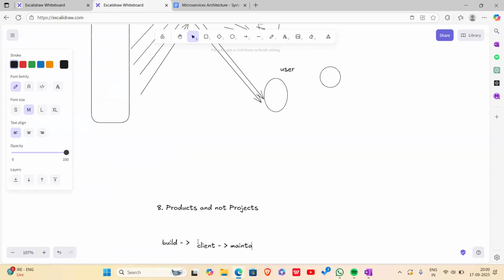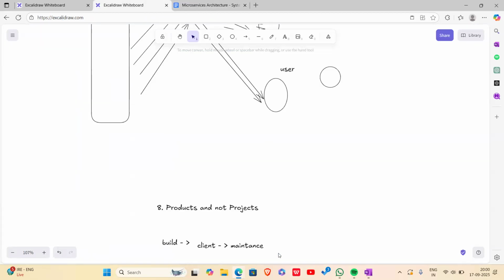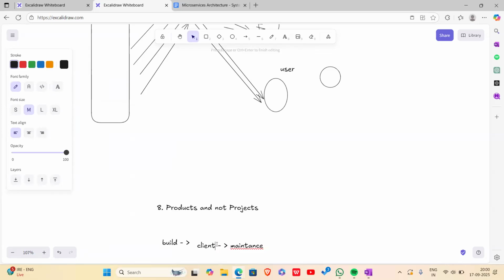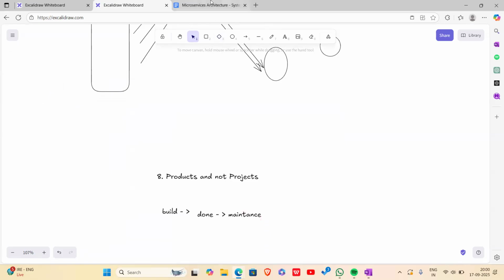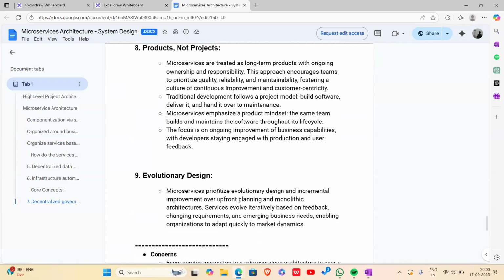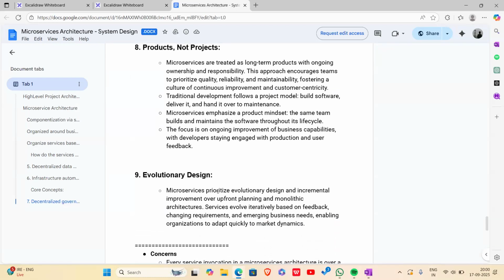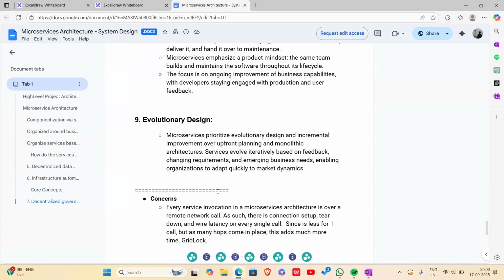Maintenance will be done by the maintenance team, who will do the rest. Now, with microservices, the same team builds and maintains the software throughout its life cycle. So they can focus on what needs to be improved and stay engaged with the customers about feedback too.